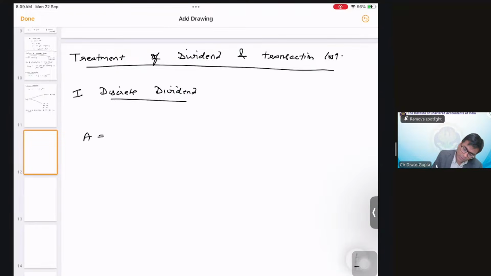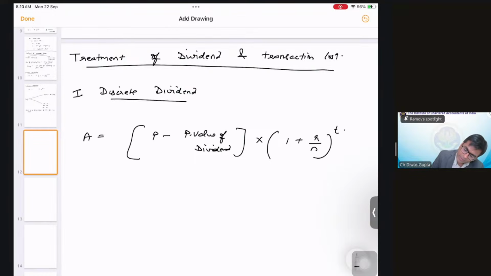So A is equal to P minus present value of dividend, multiplied by 1 plus R divided by N raised to the power Tn. So students, we are talking about here the P, which is the spot price.